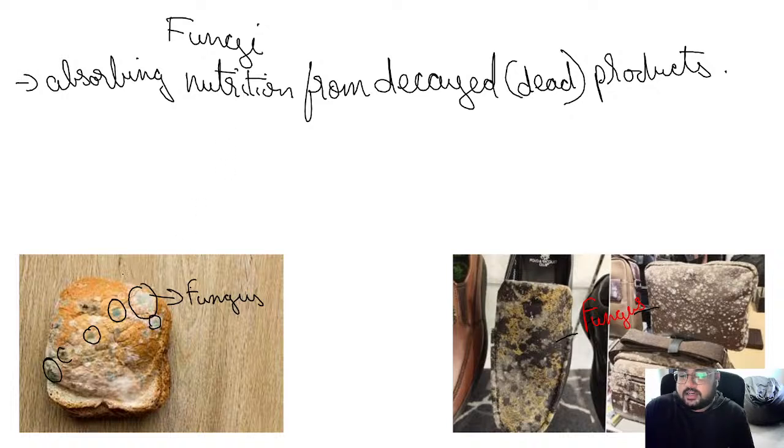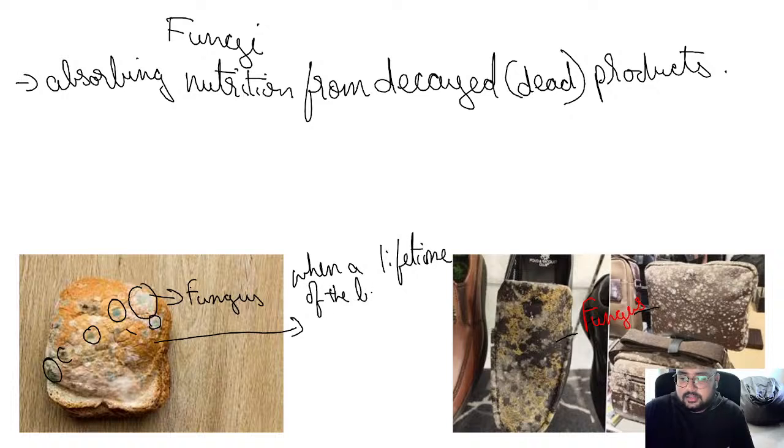As you all can see here, if a bread is kept for a long time without using it, the lifespan of a bread is somewhere around 5 to 7 days. If it extends more than 7 days, on the eighth or ninth day, you can see the fungus formation here. So the bread decays, and this fungus starts building on the bread and absorbing the nutrients. I'll write it down in brief for you all. The lifetime of the bread, that is 5 to 7 days, ends.